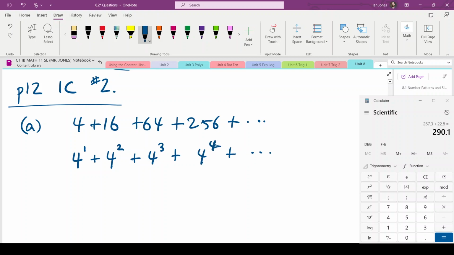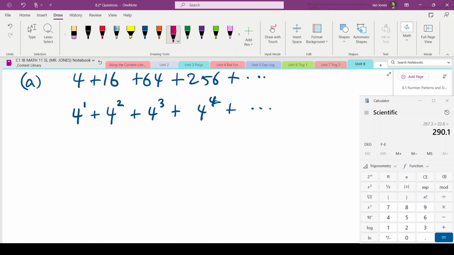And once you see that, then you think, okay, how can I express each of these terms in terms of something that's constant, unchanging, and in terms of something that is changing? Well, you can see I just did it there for you.